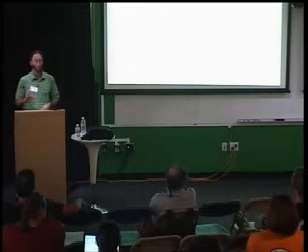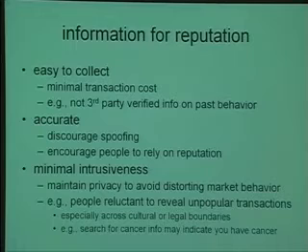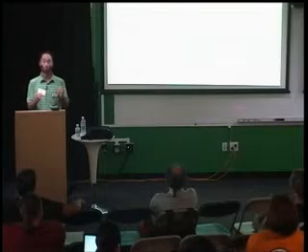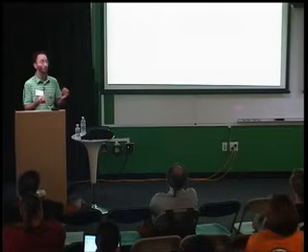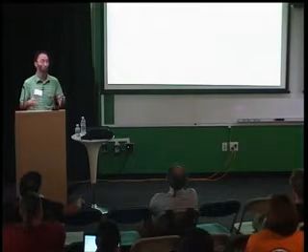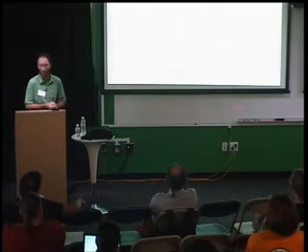And then also, it would be nice if we could have some minimal intrusiveness for the people whose information we're collecting, to maintain privacy. If people are concerned about privacy, they would either withhold the information or distort or change their behavior because of that, perhaps in ways that make transactions that would be beneficial just not happen, because people are concerned about what trail of reputation they might be leaving behind.